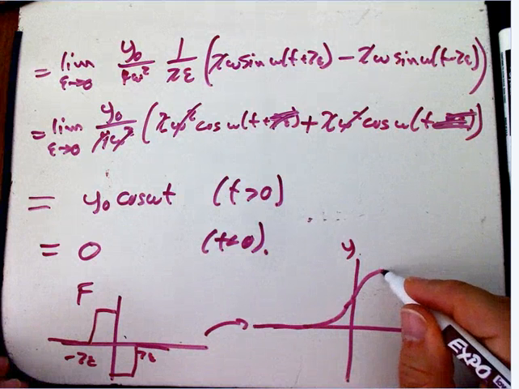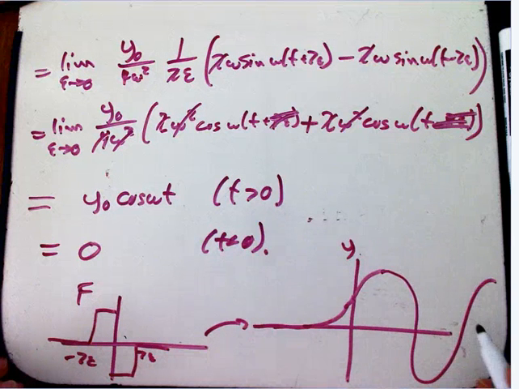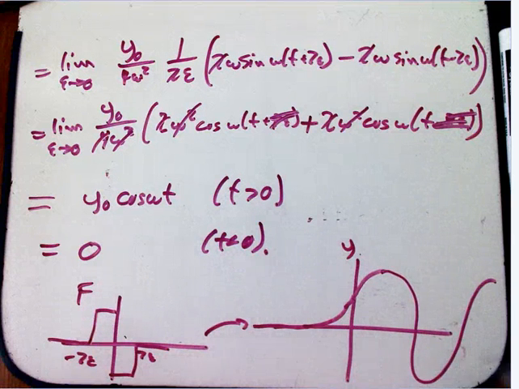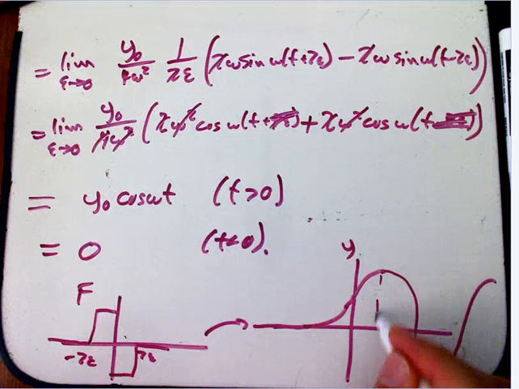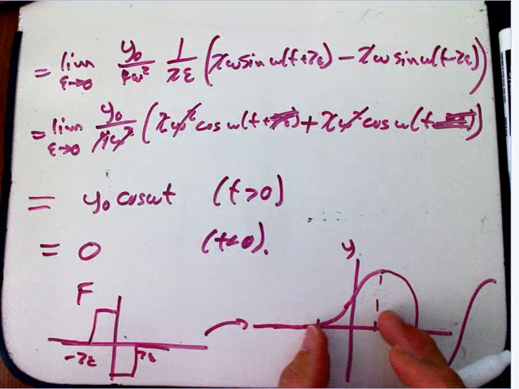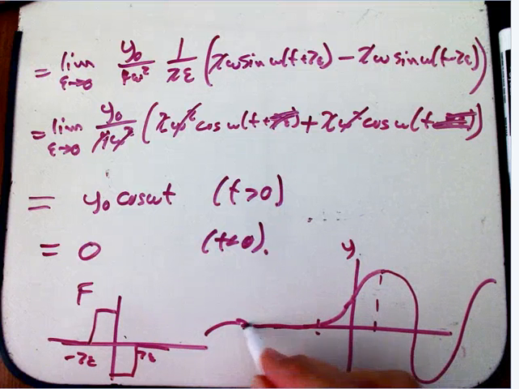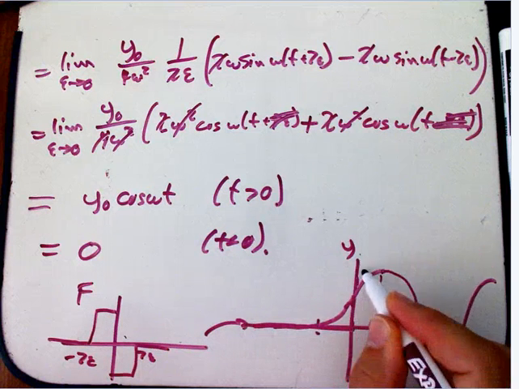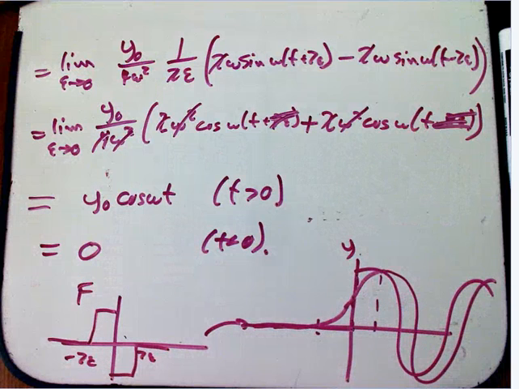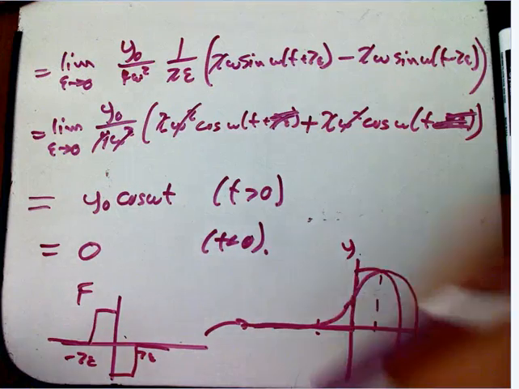And then, boom, it's done forcing, and it just goes on its merry way as a cosine. And as epsilon goes to 0, this starts to look more and more like teleportation. It just starts to look like discontinuous and then cosine.